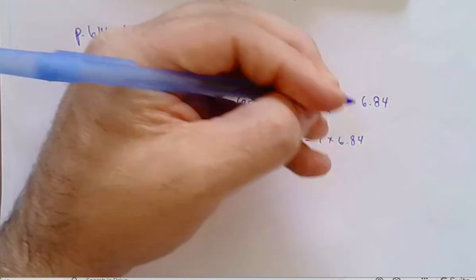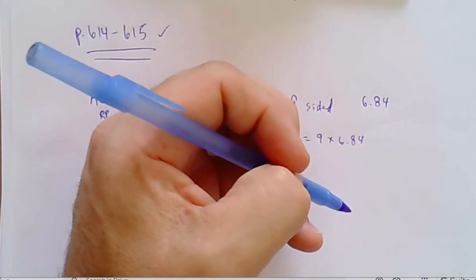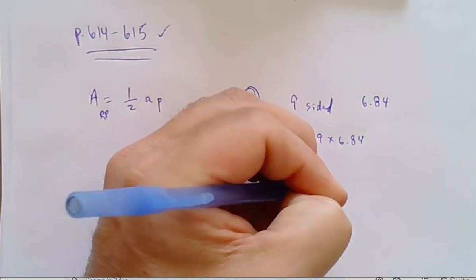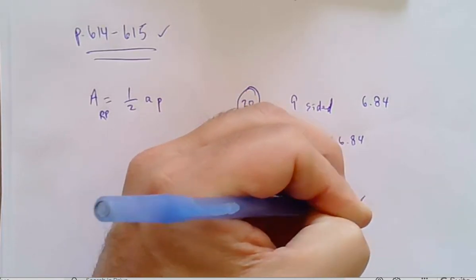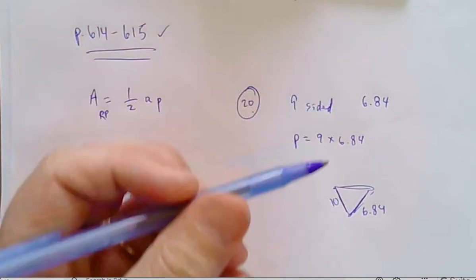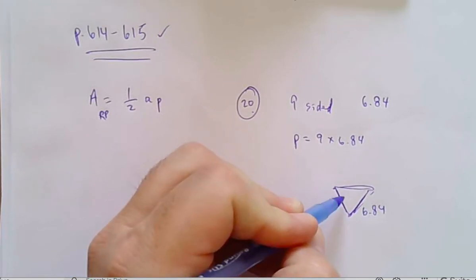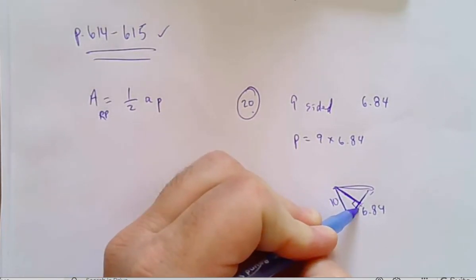Okay, so we're just going to take a triangle. We know that the distance to the edge is 10, and this distance is 6.84. So just make a triangle out of it. Again, look at the whole figure. It's hard to draw. You would cut a line down the middle. That's your apothem.